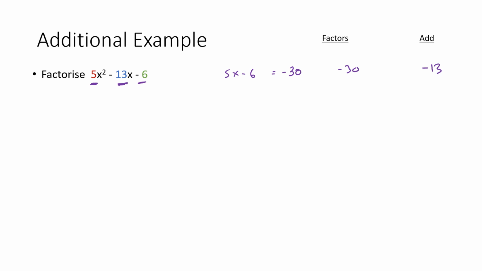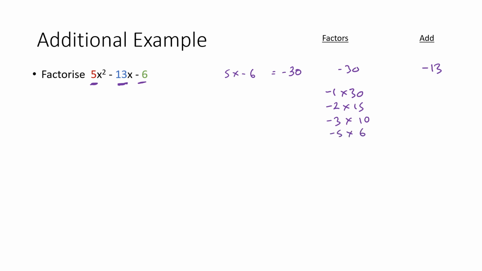All right. So one of the ones we could have had would have been minus 1 times 30. We could have had minus 2 times 15, minus 3 times 10, minus 5 times 6.